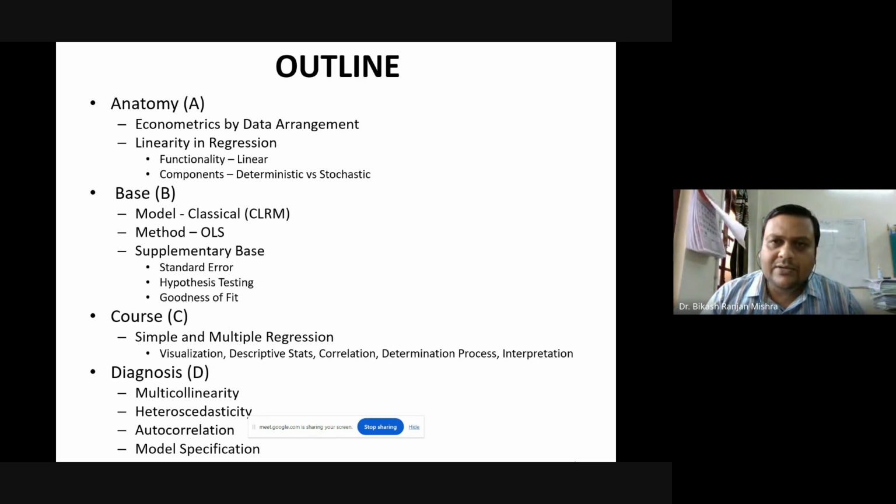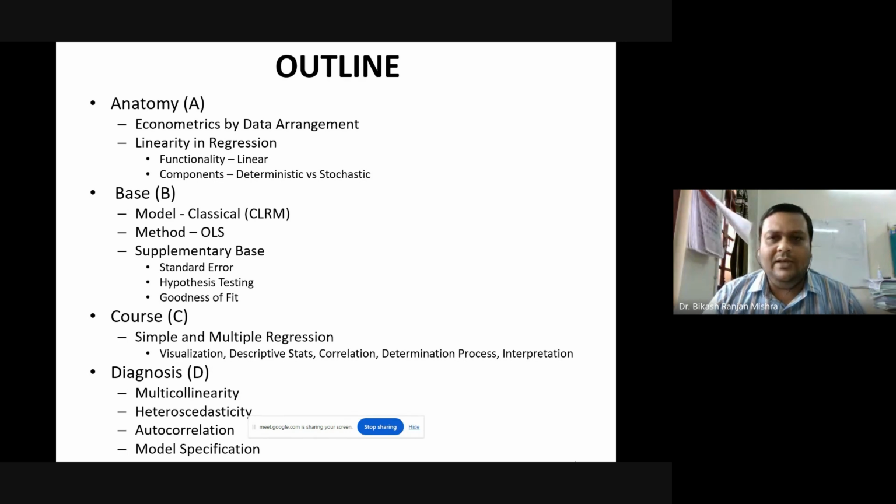Then subsequently, the diagnosis part will be broadly categorized into four categories on the basis of certain assumptions which are required for GLRM. And when they are violated, they come out with certain problems, and those problems, how far they are affecting the robustness or the parsimony nature of our regression result.